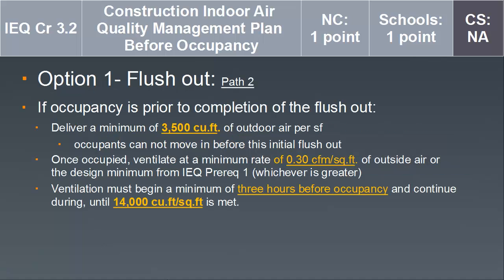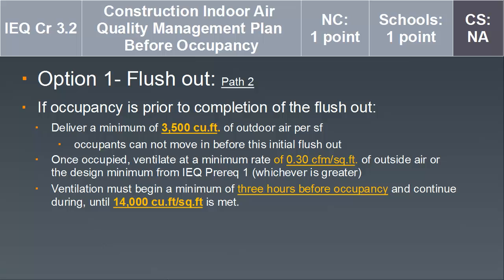Path 2 for the flush out is if occupancy occurs prior to completion of the flush out. You need to first deliver a minimum of 3,500 cubic feet of outdoor air per square foot before the occupants move in, and then once occupied, ventilate at a minimum rate of 0.3 cubic feet per minute per square foot of outside air, or the design minimum for indoor environmental quality prerequisite 1, whichever is greater.